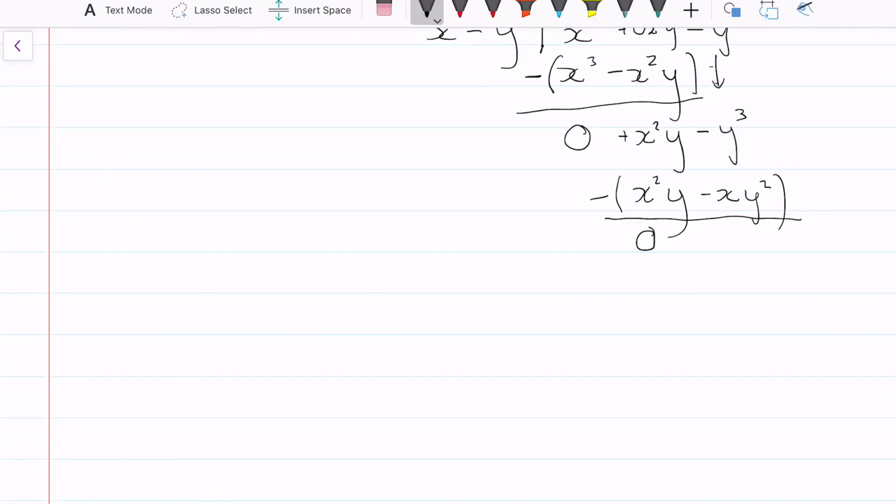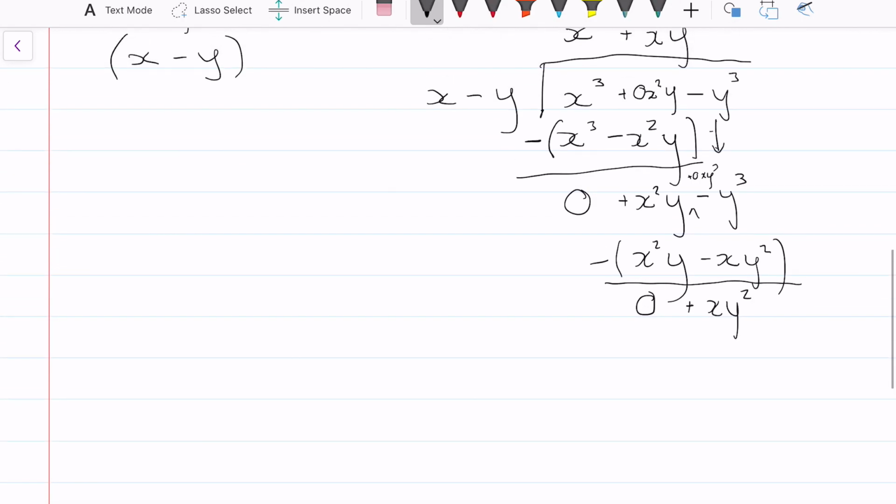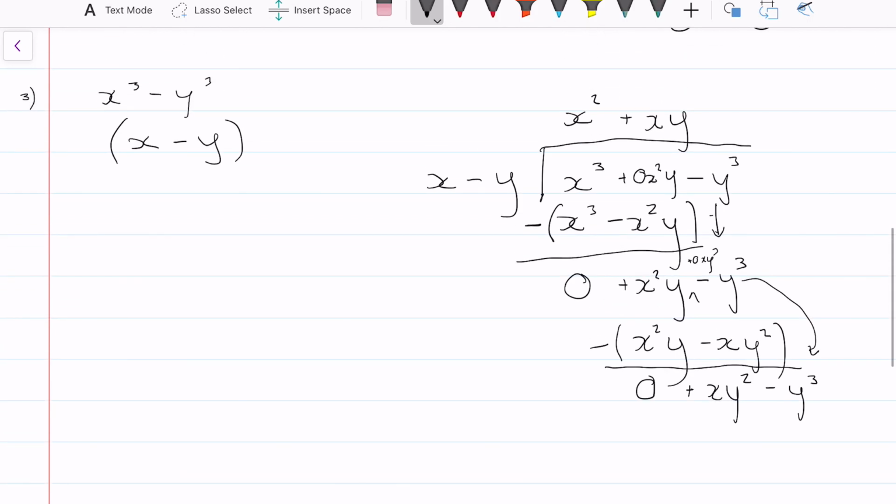Again, we're going to do the invisible plus 0xy squared. So then we get a positive xy squared. Okay, and then we're going to bring that minus y cubed down. So we're going to get minus y cubed. Okay, so we still have x's there, so we're going to need another term, and we're going to need a plus y squared.